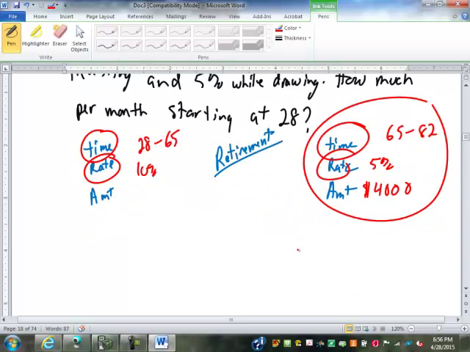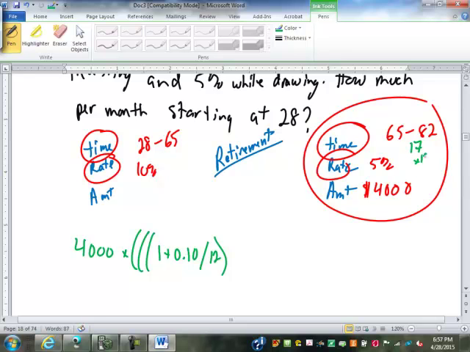Oh, gotcha. So we're going to start out with that 4,000 a month times, since that's a monthly payment, 1 plus 0.10 divided by 12. How many years is that? 17, and of course times 12, that would be 204, right? Minus 1, close, divided by open, 0.10 divided by 12. Do we need the extra term? Yes, we do.